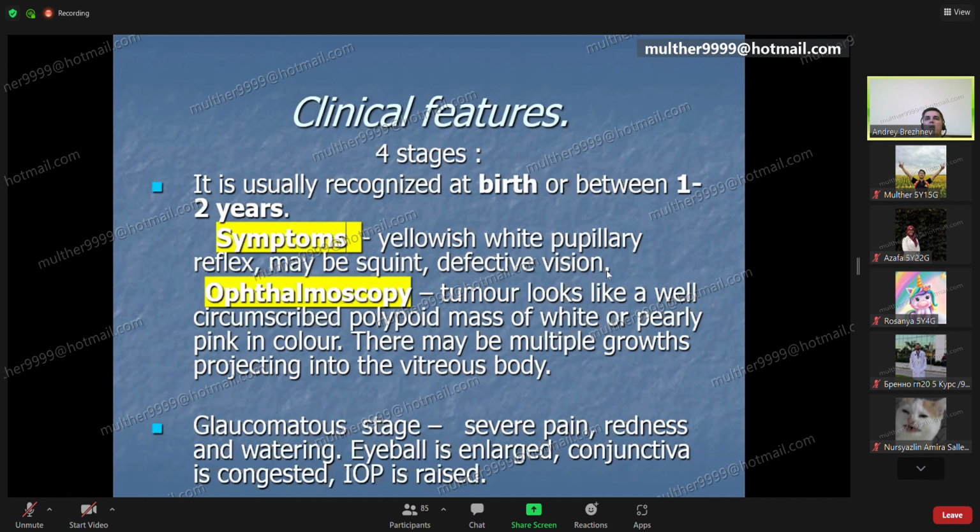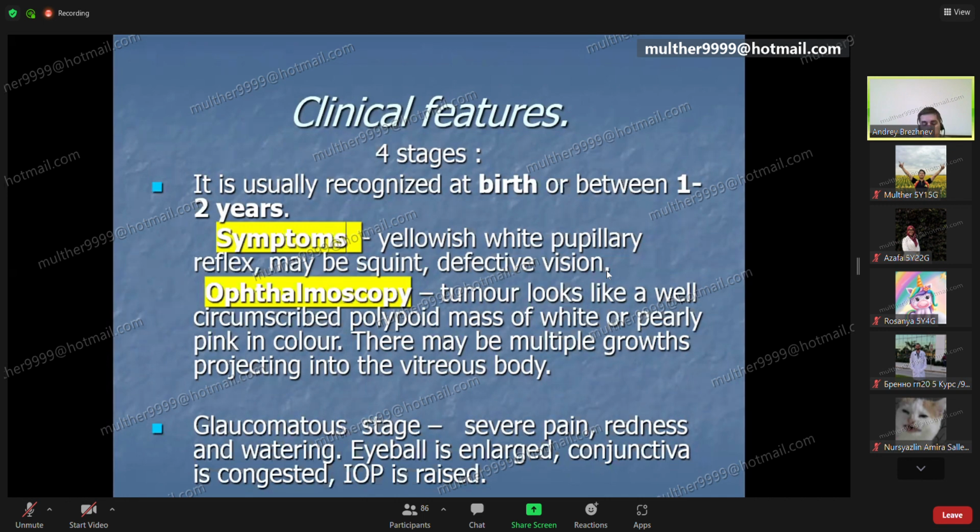The second stage, the so-called glaucomatous stage, is associated with severe pain, redness, and watering. We have no such symptoms in the early stage, so in this case only the abnormal fundus reflex and problems with the visual functions may help us to put the correct diagnosis.